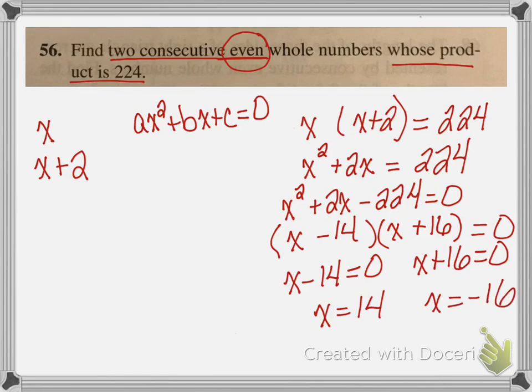Now, if we go back here, it says whole numbers. Okay? Find two consecutive even whole numbers. So what does that tell me about the negative 16? It doesn't work. So what am I going to have to do? I just ignore it.